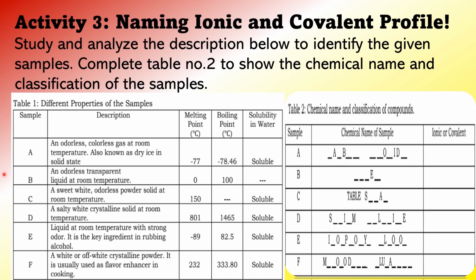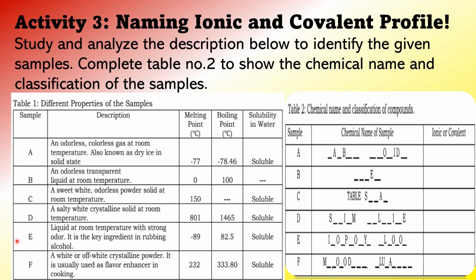Sample letter B, an odorless, transparent liquid at room temperature. Letter C, a sweet, white, odorless powder solid at room temperature. Sample D, a salty, white, crystalline solid at room temperature.